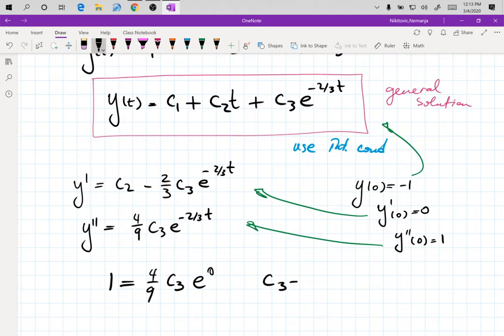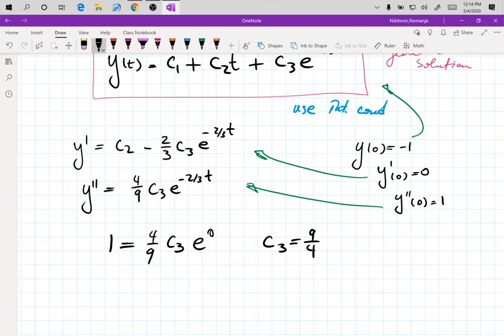So c3 is 9/4. Are we all green on that? I used t is 0 and y double prime is 1. E to the 0 is 1. So all I need to do is move 4/9 to the other side, right? And that's it.